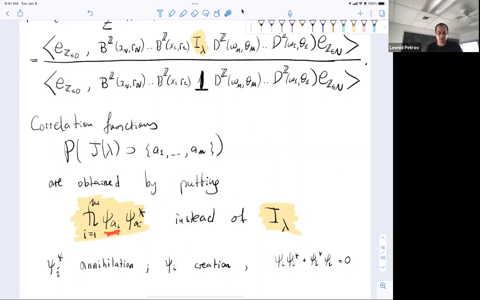So this product eliminates all the wrong partitions lambda, for which this containment doesn't hold. You hit it by annihilation first and then creation, which restores the lambda. And so if you just put it here, you get the correlation function.